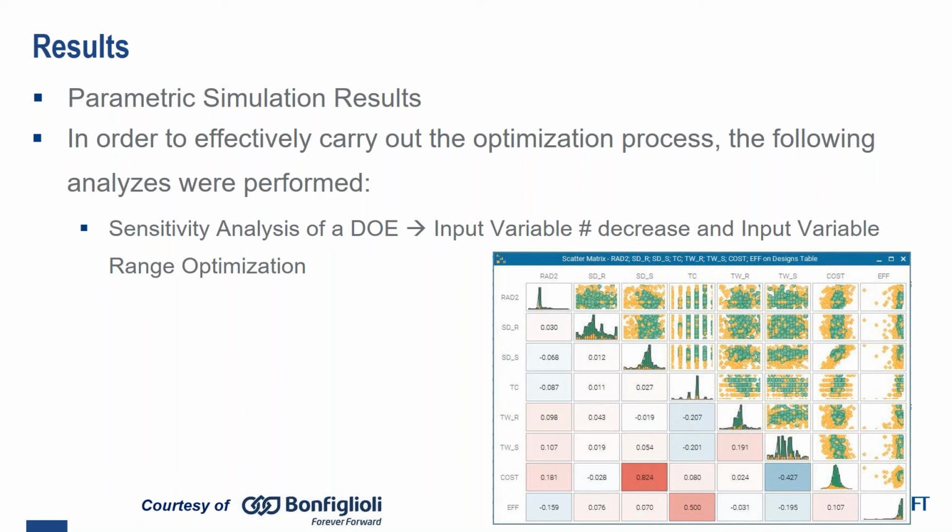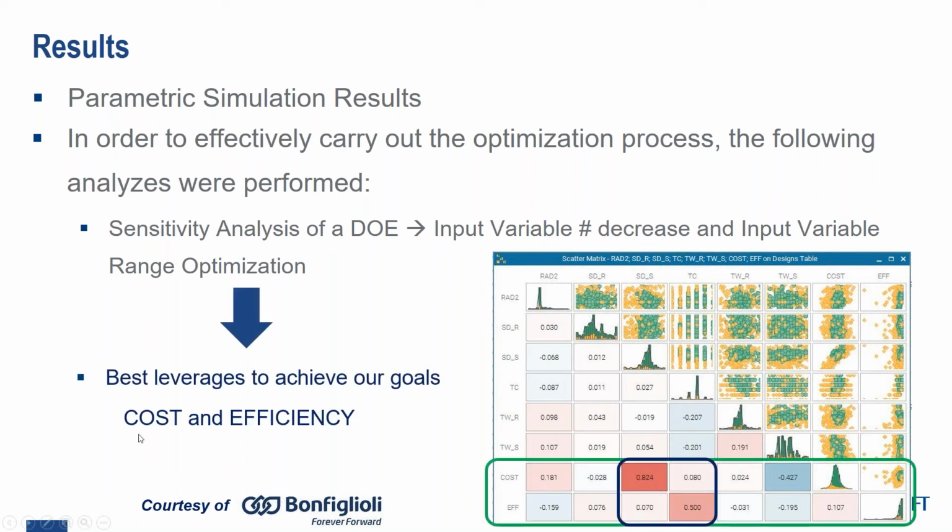The design of experiment was set up in order to perform a sensitivity analysis that allowed them to evaluate what were the most important variables in order to achieve their goals. This allowed us to decrease the number of input variables, but also to review the input variable range for the optimization, to speed up the optimization process.